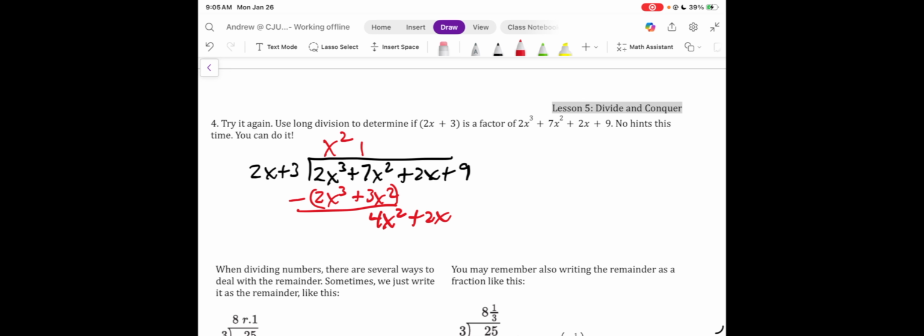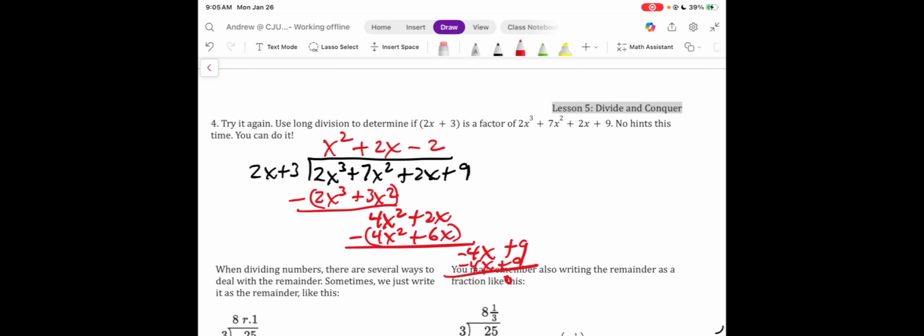That would be 2x, giving you 4x squared plus 6x. Subtract. 2x minus 6x is negative 4x. Bring down the 9. 2x goes into negative 4x how many times? Goes in there negative 2. And there will be, again, no remainder.